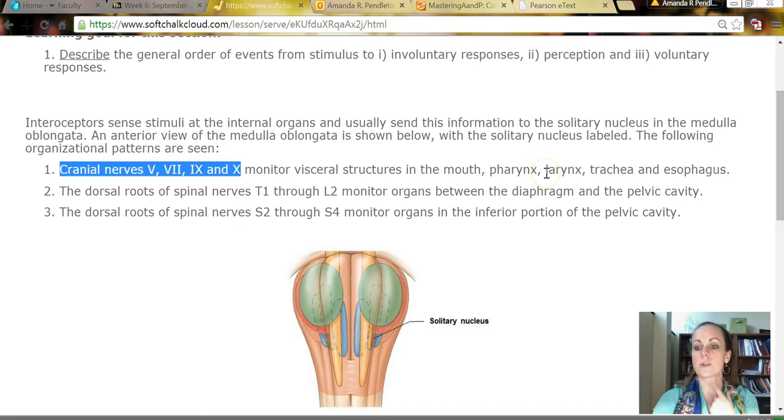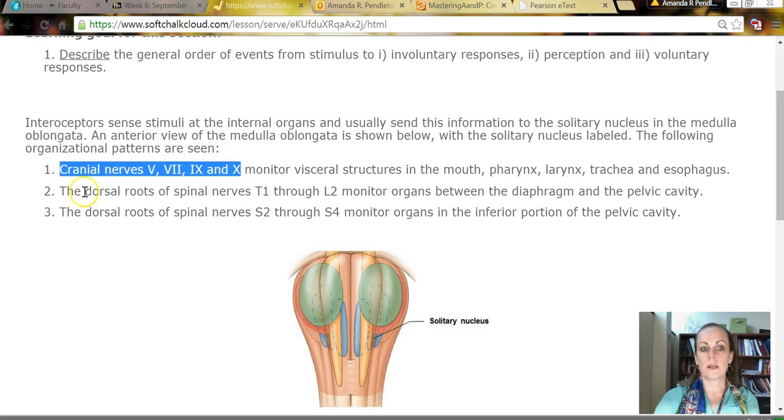The larynx, which is commonly called your voice box. The trachea, which is that pipe that air goes down. And the esophagus is behind that trachea area, and the esophagus is going to be the tube that food goes down. Okay, so cranial nerves monitor sensations from these areas.